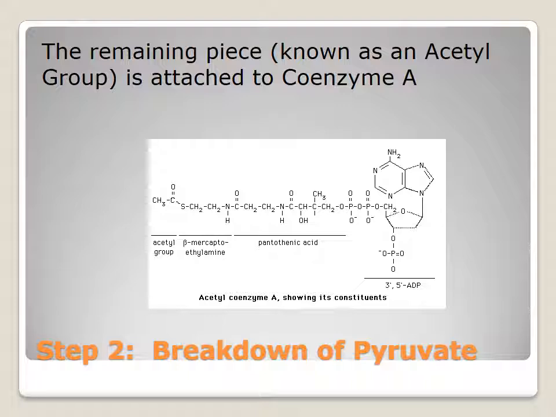In this case, we've cut that CO2 off, released some energy, 1 NADH per, so we have 2 NADH released. And that produces a molecule called, ultimately, acetyl combined with coenzyme A. So acetyl-CoA.